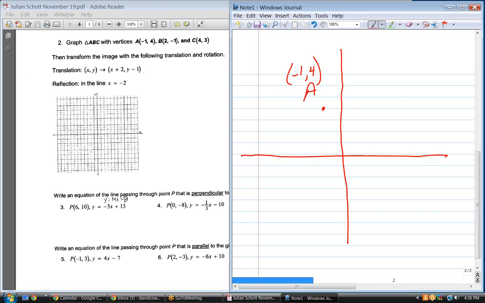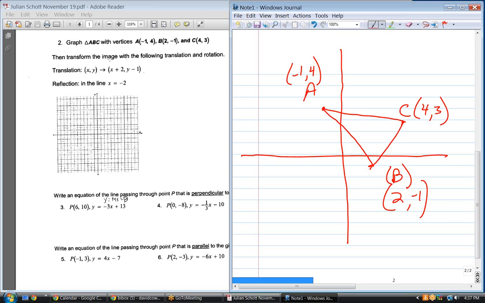Point B is 2, comma minus 1. And point C is 4, comma 3. So there's the triangle.